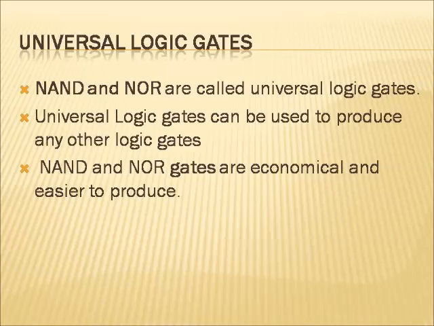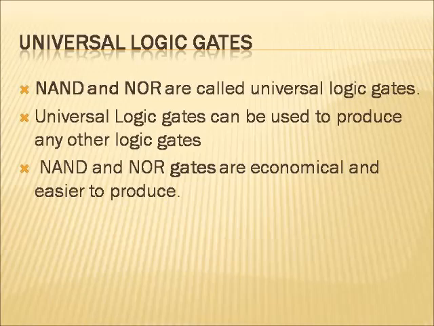So there are two basic reasons why NAND and NOR are called the universal gates. The first one is that universal logic gates are used to produce any other logic gates. Any other means including the basic logic gates; they can produce all other logic gates.